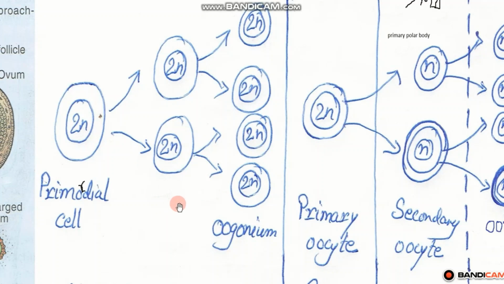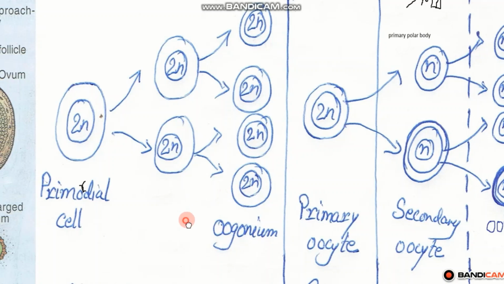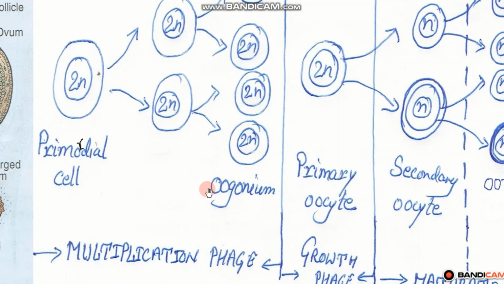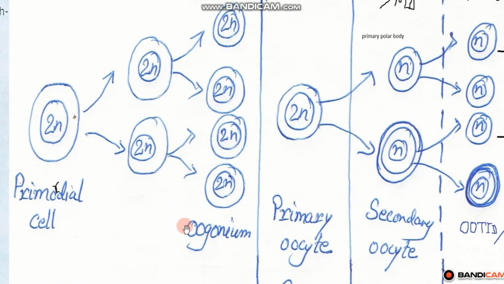Here mitosis type of cell division occurs, meaning the cell forms identical cells. Here it is not reduced, meaning it is not making half the number of chromosomes. Here is the same number of chromosomes. So the first step from the germinal epithelium to the formation of the four cells is the multiplication phase.